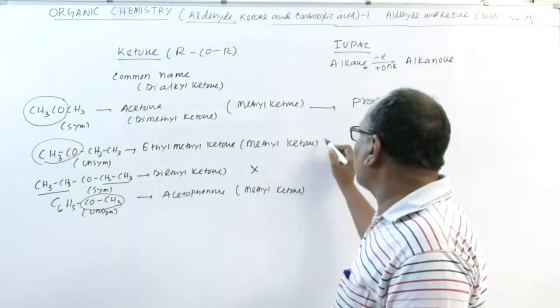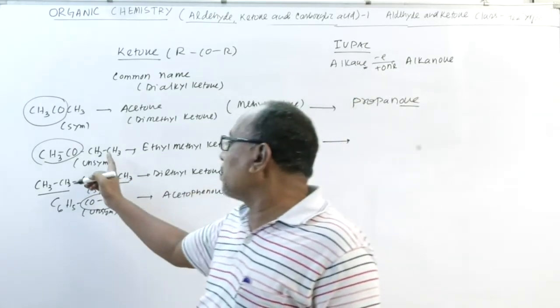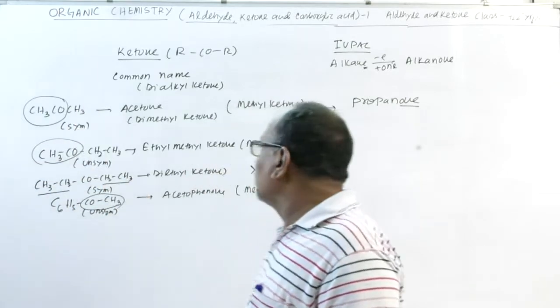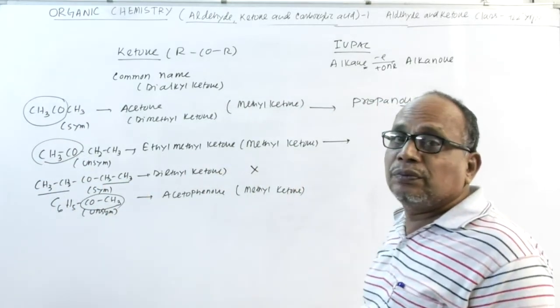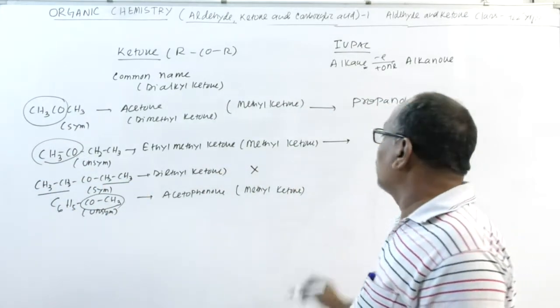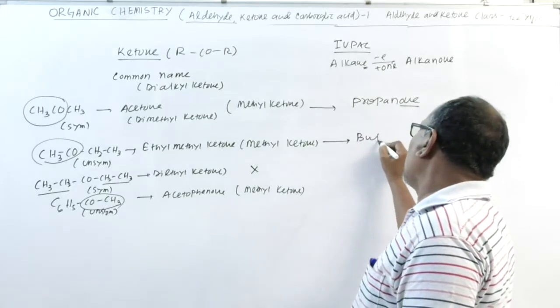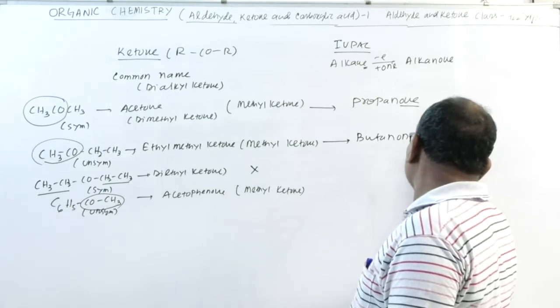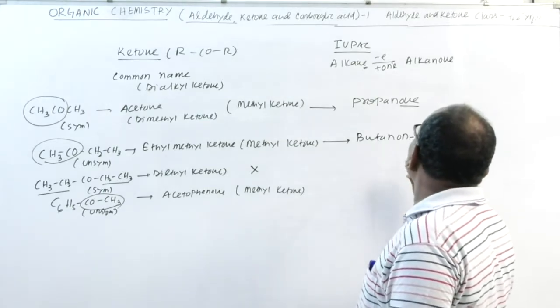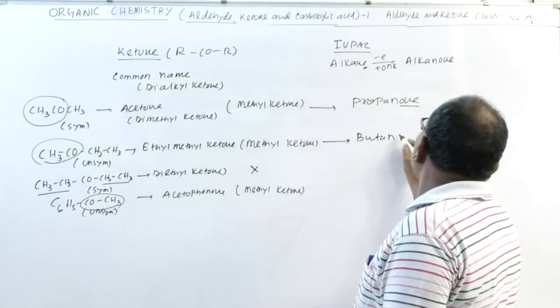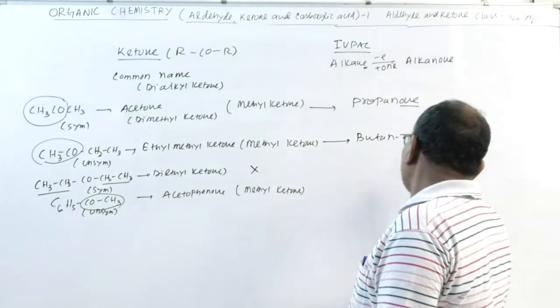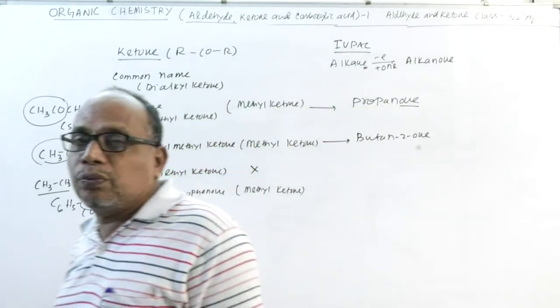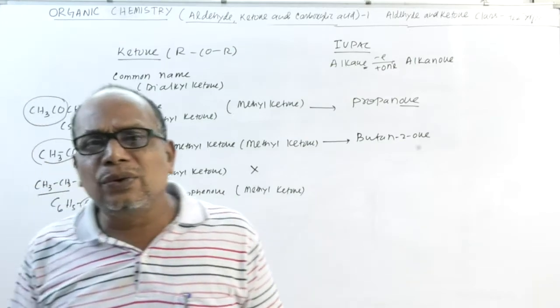And what about this one? It contains 4 carbon atoms, 1, 2, 3, 4. That is called butanone. That is butane to ONE, called butan-2-one. Why do you write 2 there?